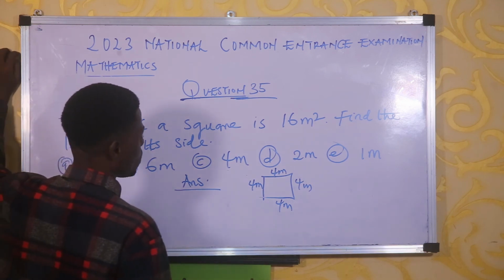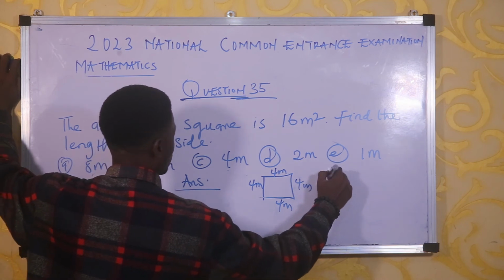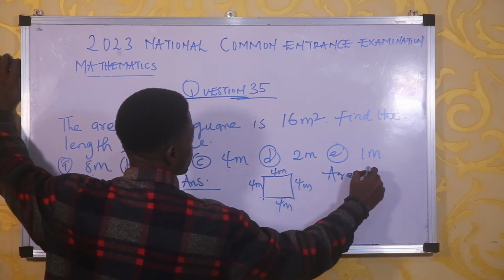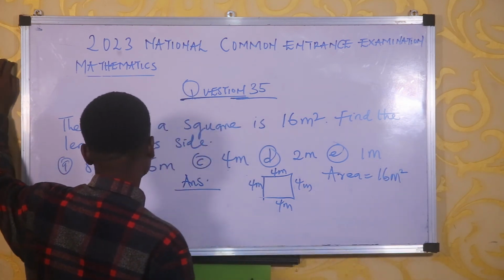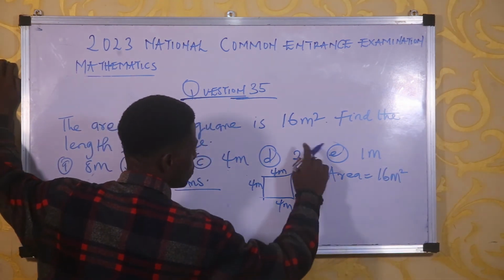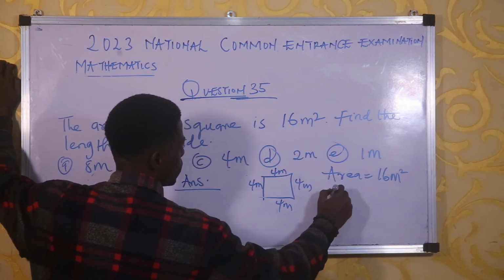So when we are looking for the length of the side, we see the area is 16 meters squared. So in this sense, we are going to divide it by 4 to get our length.